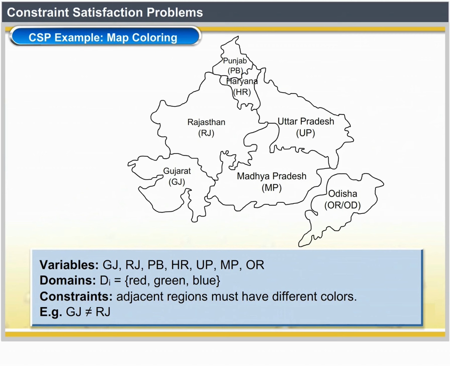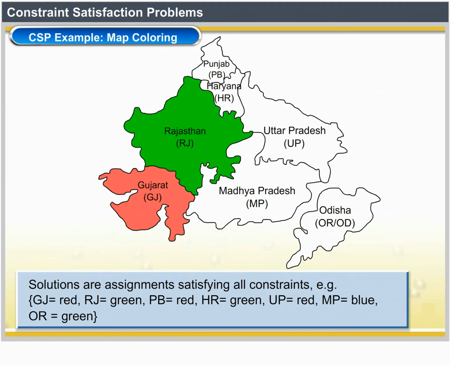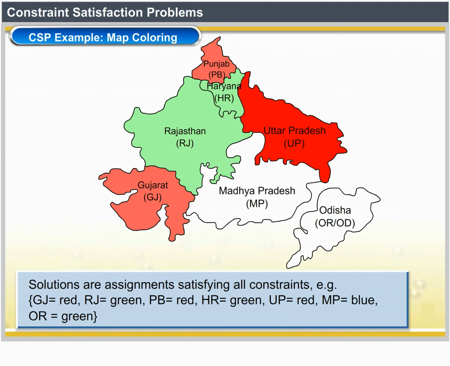Example: Gujarat is not equal to Rajasthan. Solutions are assignments satisfying all constraints. Example: Gujarat is equal to red, Rajasthan is equal to green, Punjab is equal to red, Haryana is equal to green, UP is equal to red, Madhya Pradesh is equal to blue, Orissa is equal to green.